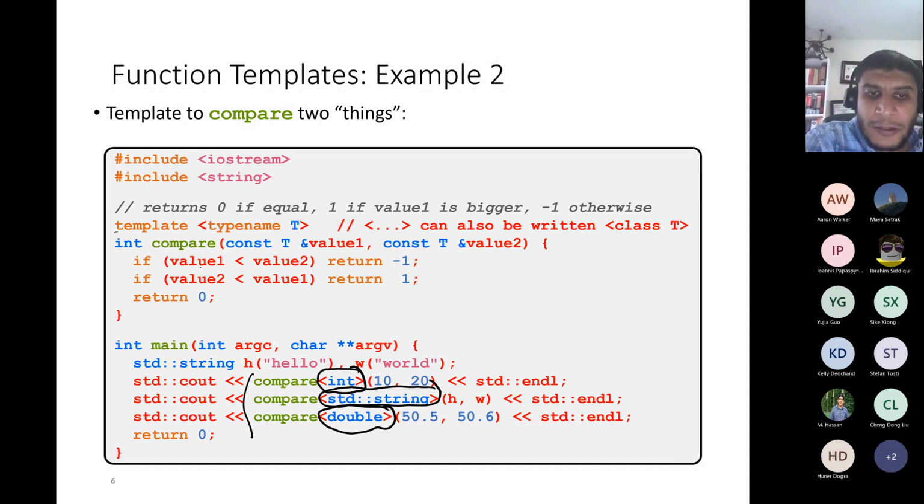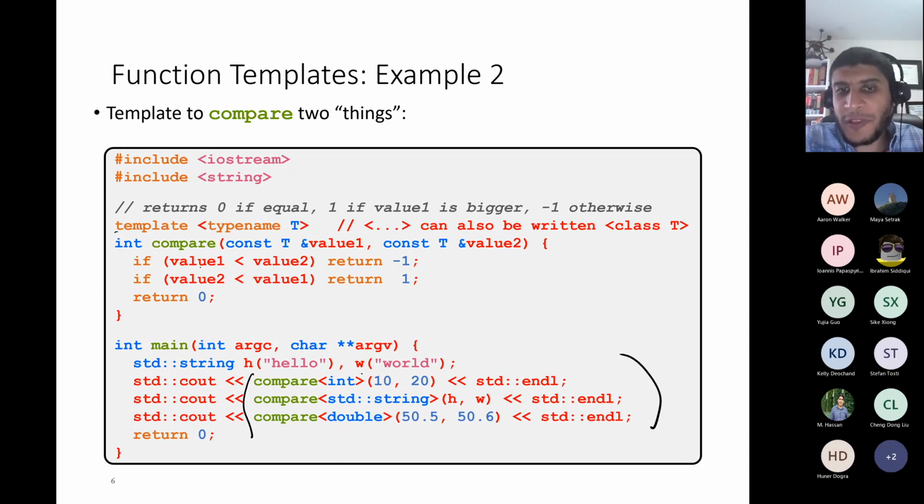Now I'm telling the compiler what version of compare I want to generate. So here I'm operating on integers, so I'm having after the function name the specialization, the instantiation of the typename t. So now the compiler will bind t to be an int. So it will create a version of your function for int, and then string, and then double. And then the function, all of a sudden, magically operates on all these different types the same way correctly, right? Does this make sense?